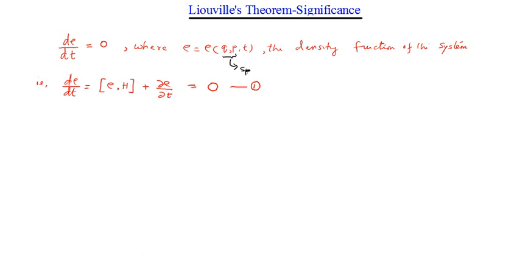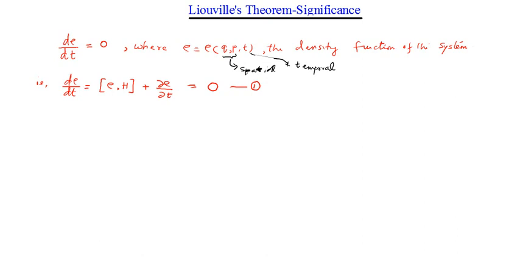Always remember, these are the spatial coordinates of the phase space, and t denotes the time dependence of the density function, even at the same point. So we can say that t functionality shows the temporal dependence of rho.